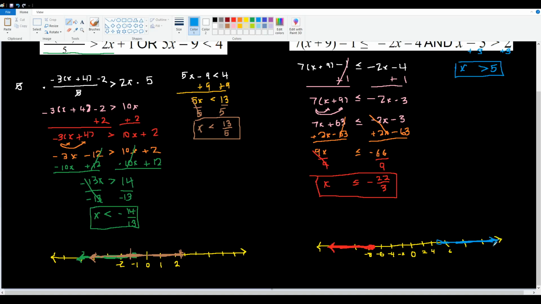No value falls in between both of these. Because nothing satisfies both conditions at the same time, and since it's an and inequality you need to have that, we're going to have no solution.